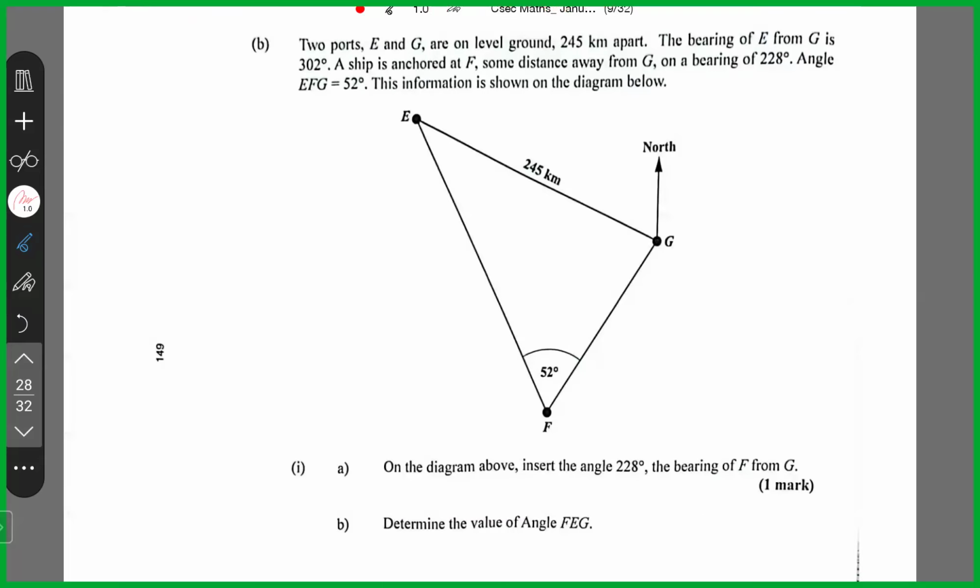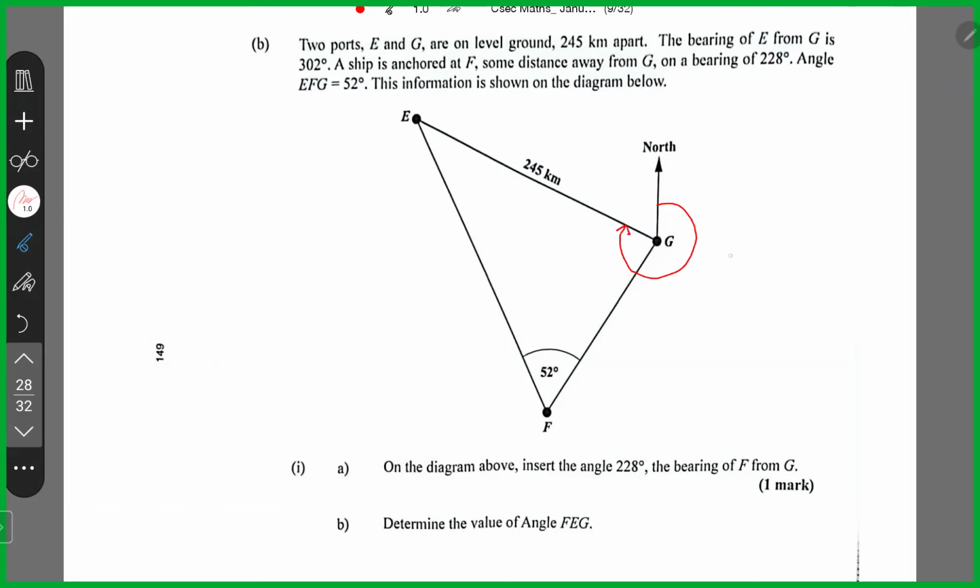All right, so at B, we're told that two ports, E and G, are on level ground, 45 kilometers apart. The bearing of E from G is 302 degrees. So bearing is measured clockwise, starting from north.